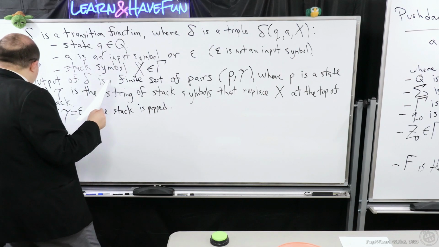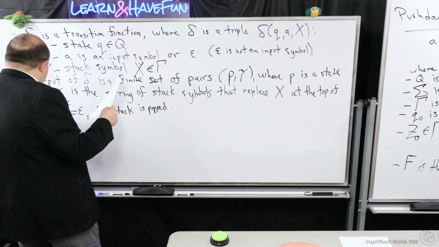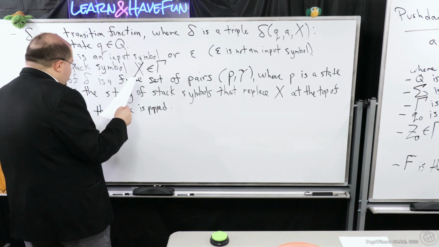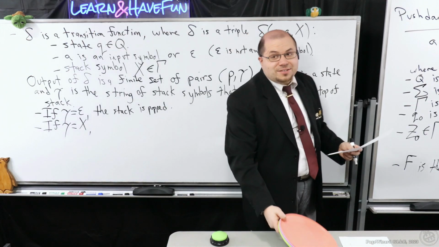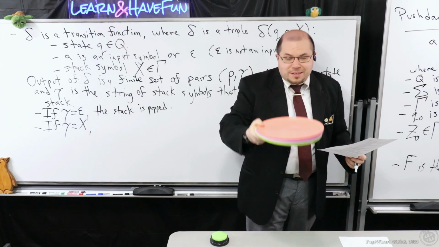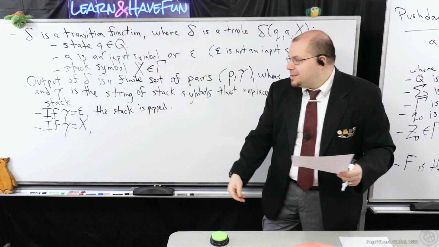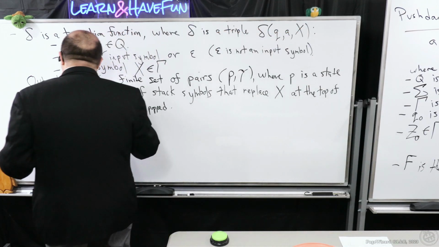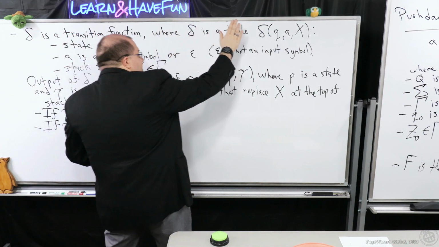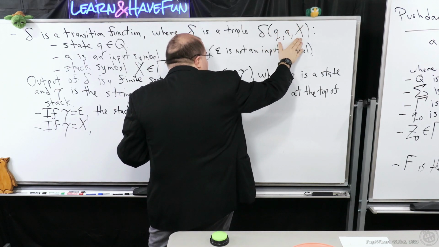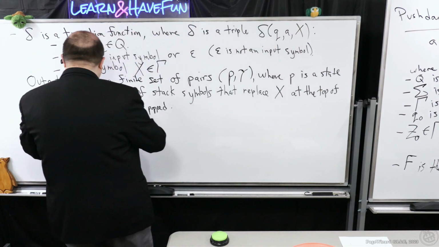Exactly. If we have it where lowercase gamma is equal to X, remember, that's just us peeking. So now do you see that X is really just us peeking at the top of the stack, right? Now how we define the transitions is on the state, an input symbol or epsilon, and the top of the stack.